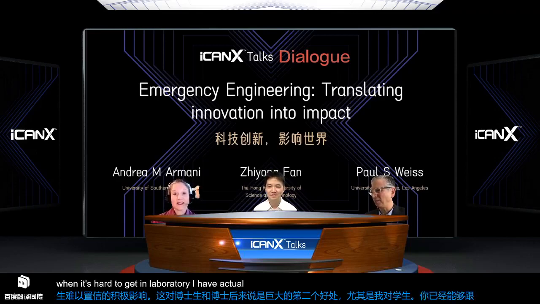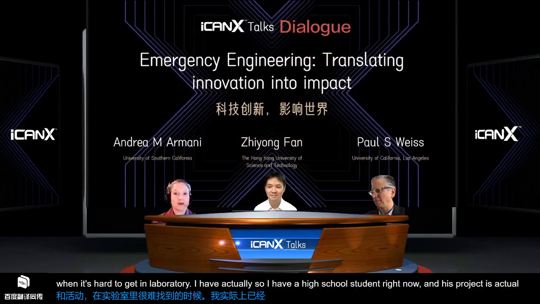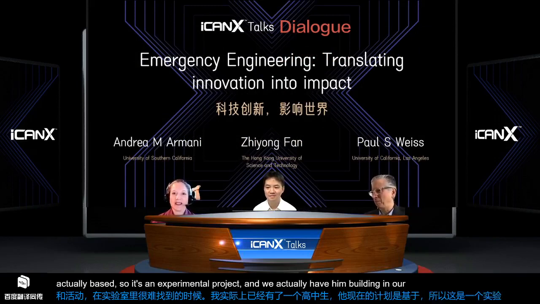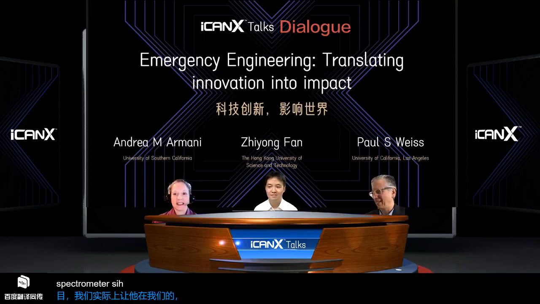So I have a high school student right now, and his project is an experimental project, and we actually have him building an Arduino-based UV-vis spectrometer system that he's building at home. So the whole thing is Arduino controlled.